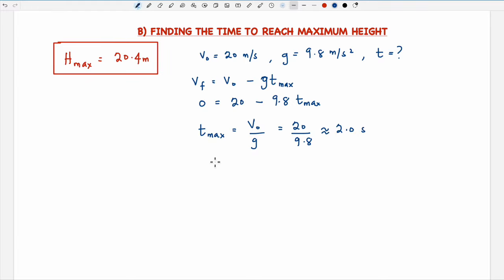So it's going to take about 2.0 seconds for this object to reach that maximum height. So that is how to find the time it takes to reach the maximum height. Again, if you have any questions, please pause this video and then leave your comment in the comment section.